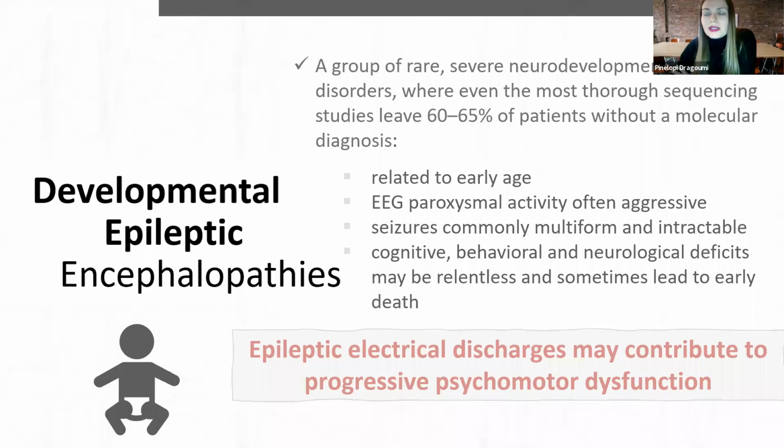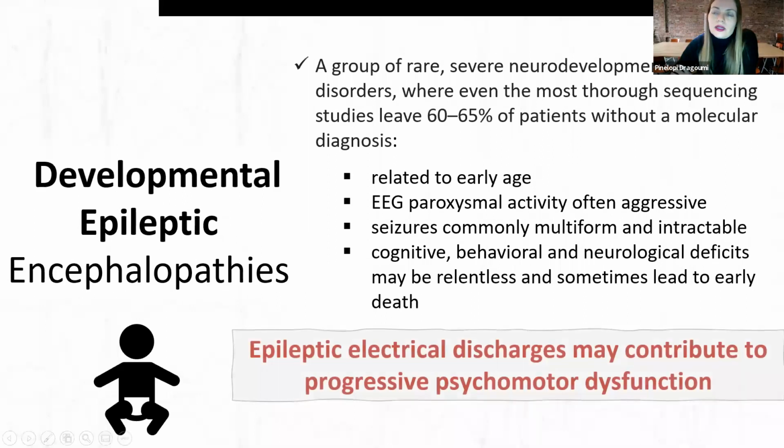So just to remind everyone about the developmental epileptic encephalopathies, this is a group of rare disorders, but even with the advances in genetics and genomics, 60 to 65% of these disorders do not have a molecular diagnosis, so we need to bear that in mind. And all the things that we are going to discuss relate to 1/3 of these encephalopathies.